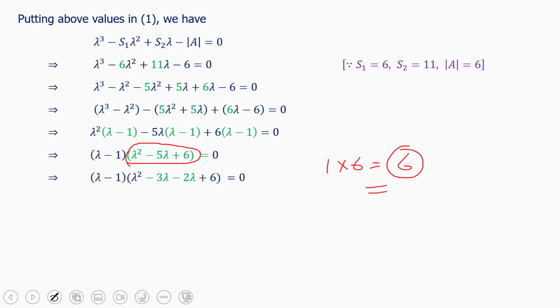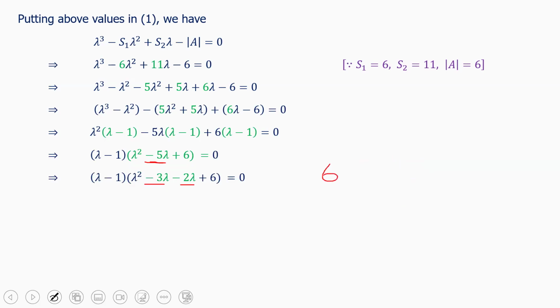So 6 can be written as 1 into 6, and it can also be written as 2 into 3. There are only two possibilities. Since it is minus 5 lambda, both values will be negative.